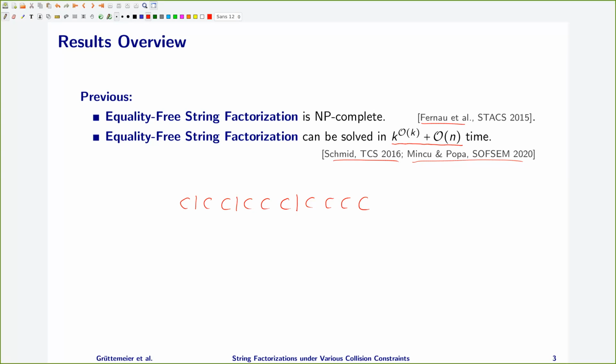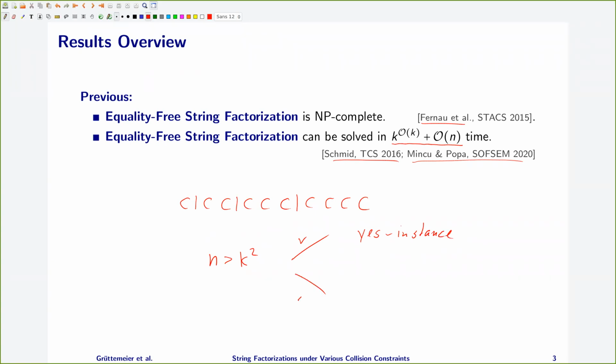And with that observation, you have the following simple algorithm. You look whether n, the string length, is larger than k squared. And if this is the case, then you can directly say yes. You have a yes instance.